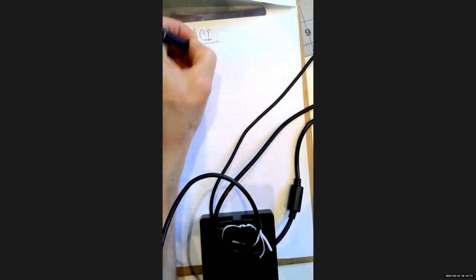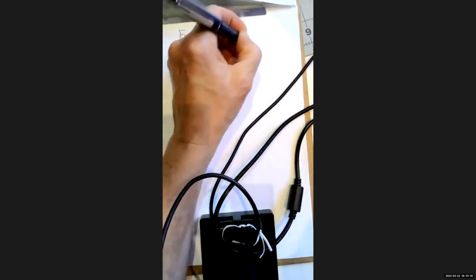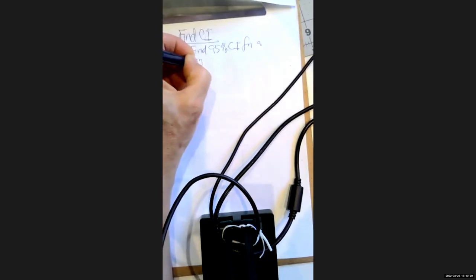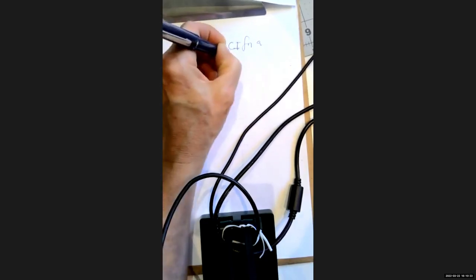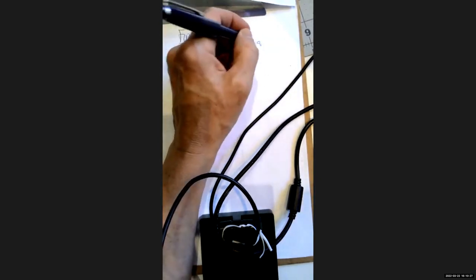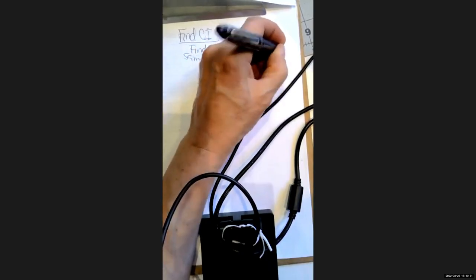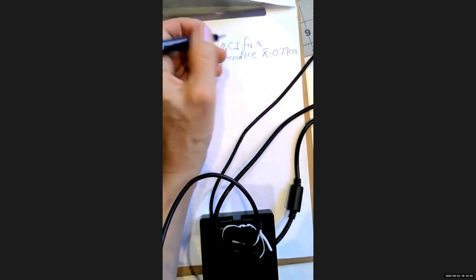So what we want to do is find a confidence interval. Right, so how this might be written is: find a 95% confidence interval for a sample of wood lice, also known as roly-polies, with a mean of 0.79 centimeters.